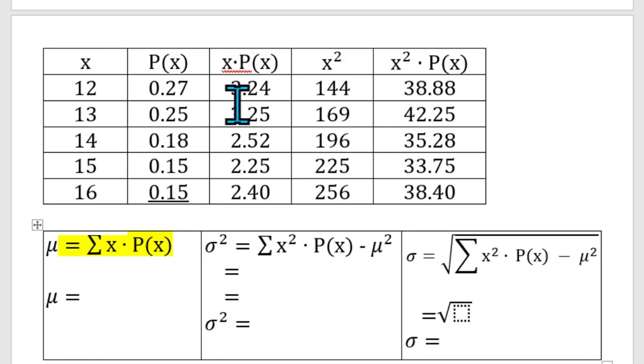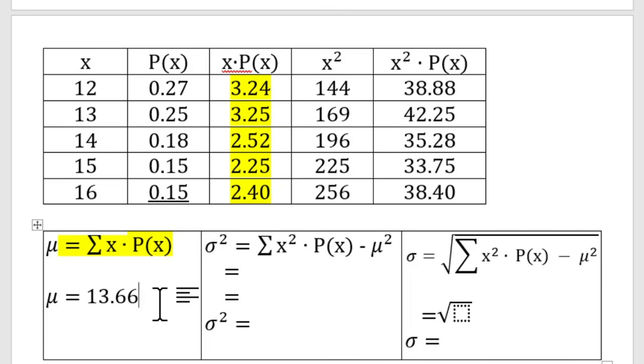In other words, we have to add these to get the mean. We have 3.24 plus 3.25 plus 2.52 plus 2.25 plus 2.40 is equal to 13.66. That is now the mean of our probability distribution.